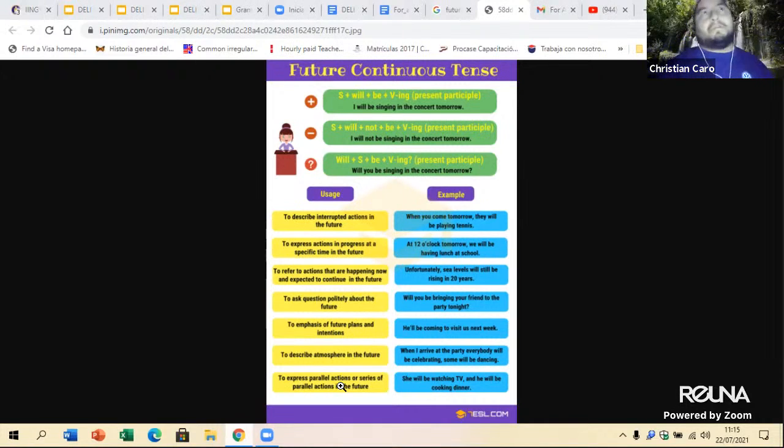Es como cuando uno usa el while en el pasado: my dog was eating while I was watching TV. Con el past continuous; en este caso con el future continuous, esto va a estar pasando mientras esto otro va a estar pasando también. Y eso sería con respecto a future continuous.